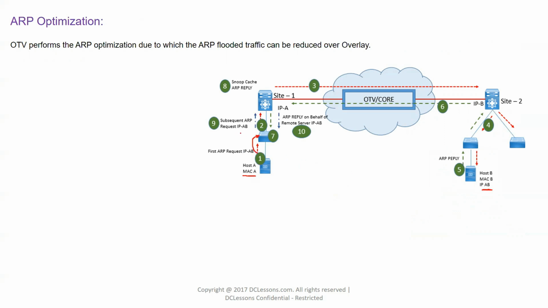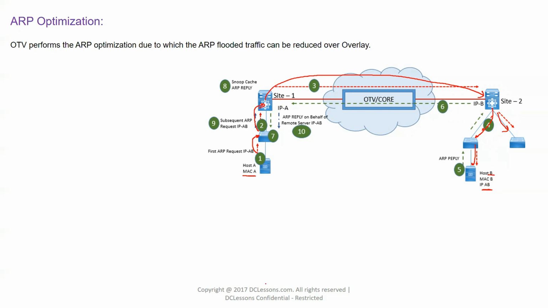Because the ARP request is a broadcast packet, it will be forwarded to the edge device. The edge device at site 1 will flood it to site 2. Once the ARP request reaches site 2, it will be flooded to all its internal interfaces, and then finally the ARP request is sent to host B.